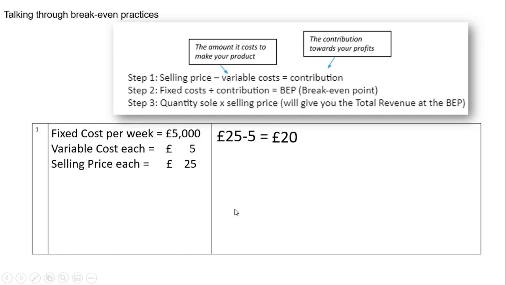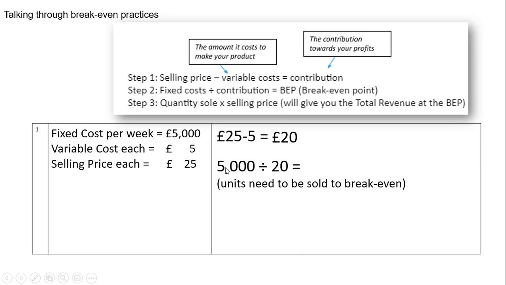Okay, the next step, step 2. You've got your fixed costs, which are £5,000 a week. I should have put a pound sign there, sorry. And then you divide that by the contribution. When we've done that calculation, this will be the units that need to be sold to break even.